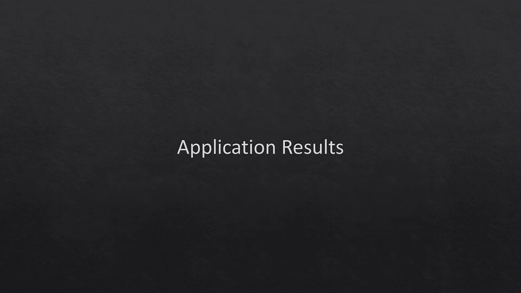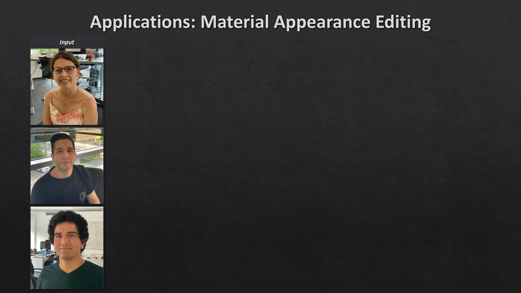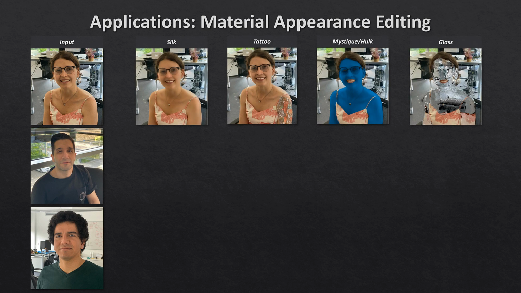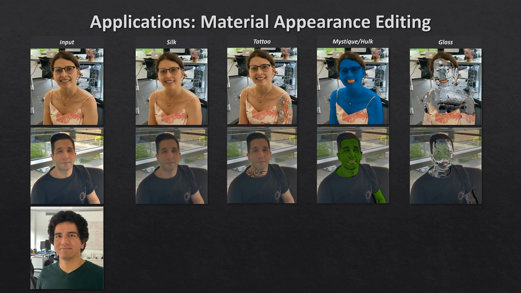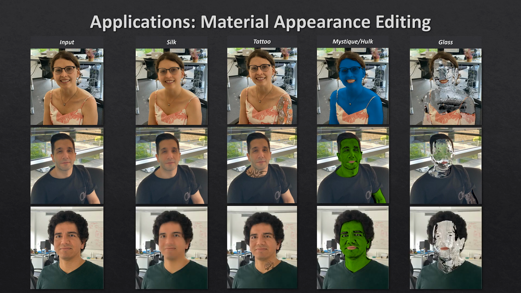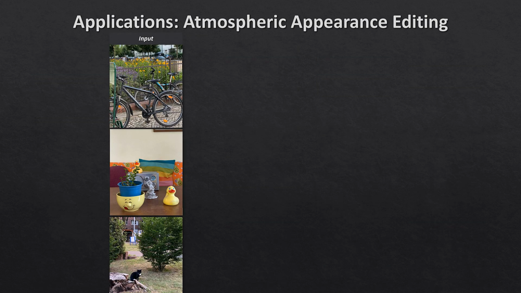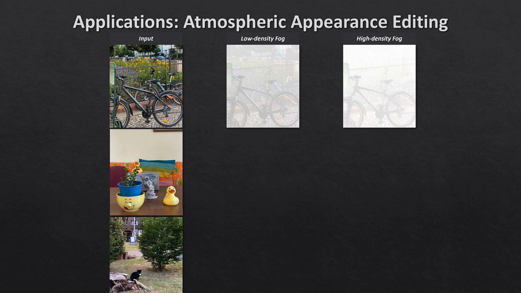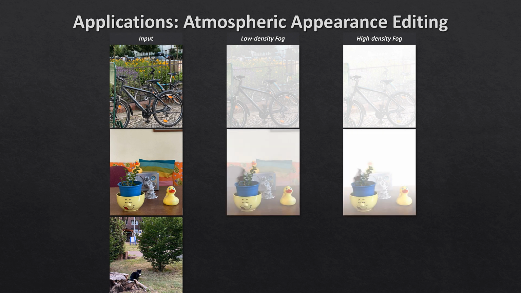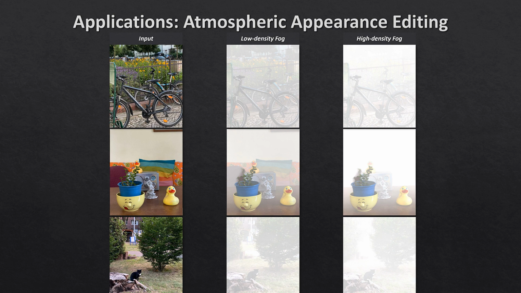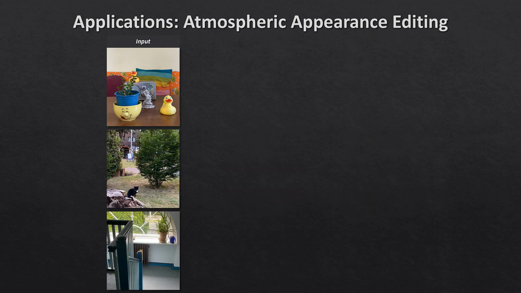The computed layers of albedo, shading, and specularity are used to showcase applications such as material appearance editing. Depth data is used for the purpose of atmospheric appearance editing in the form of virtual fog, or by relighting the scene as God rays.